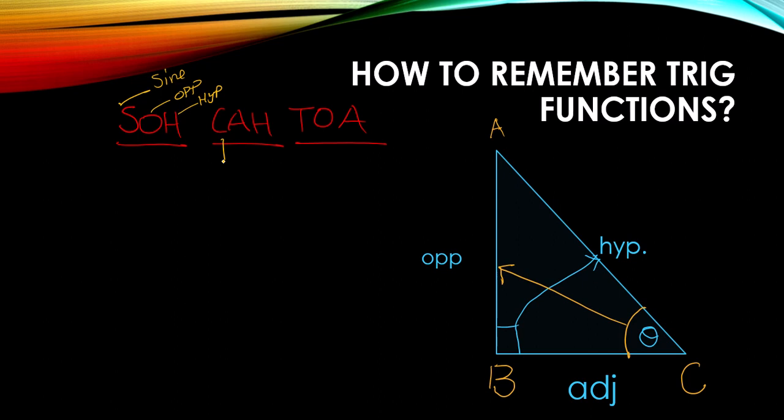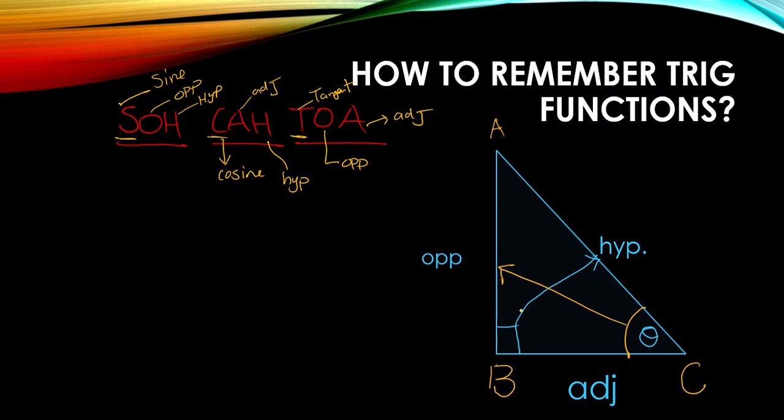Now here C is cosine, A is adjacent, H is for hypotenuse. T stands for tangent, O is opposite, A is adjacent. Okay, these are the sides and these are the ratios right here.